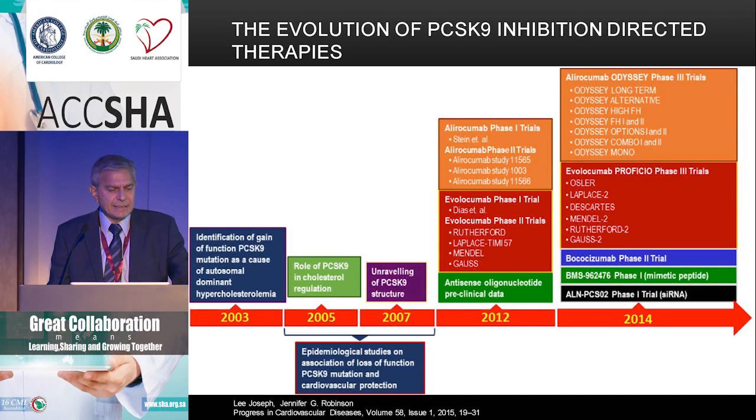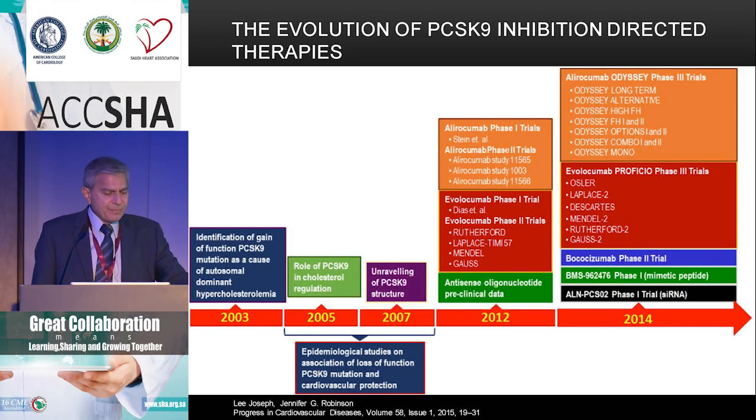And there are many studies that have occurred over time. I'm going to need more of the 2 minutes that we lost at the beginning. So now that we have that this receptor, the PCSK9, was discovered in 2003. There was an identification of gain of function mutation as a cause of autosomal dominant hypercholesterolemia.